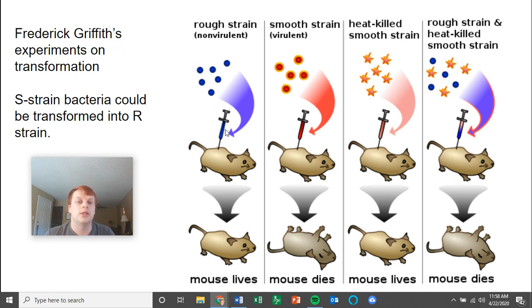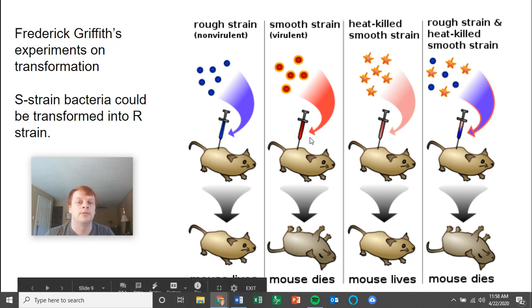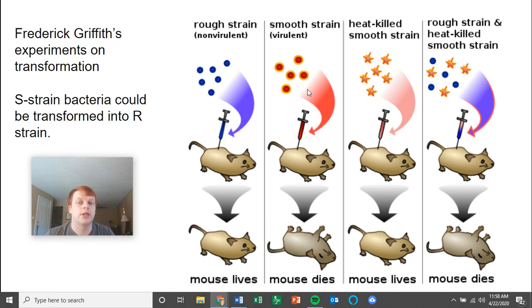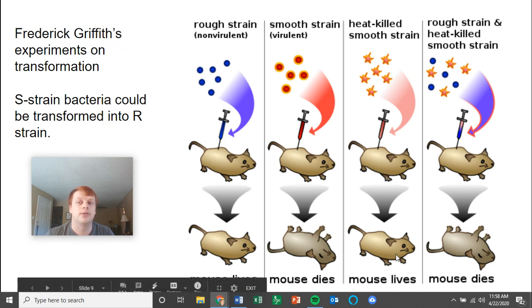So you can see he injected a mouse with the rough strain, and the mouse survived. He then injected mice with the smooth strain, which is the virulent strain, and the mouse died. Now, he wanted to see if this information could be transferred. So he killed the smooth strain using heat, injected it in a mouse, and found that it survived.